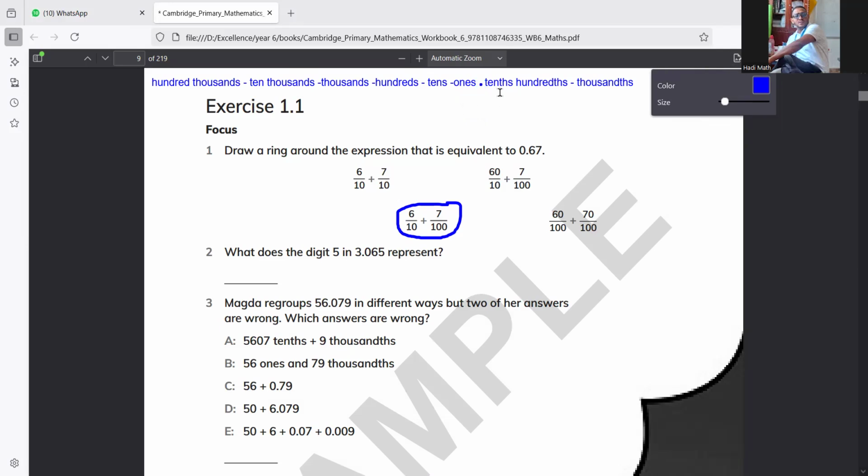So when we say tenth, it means over 10. Hundredths means over 100. And thousandths means over 1,000.